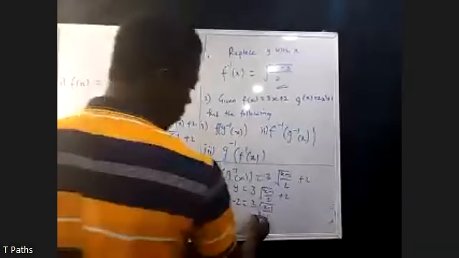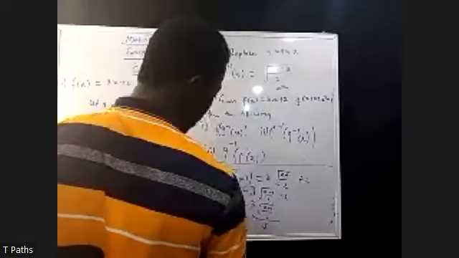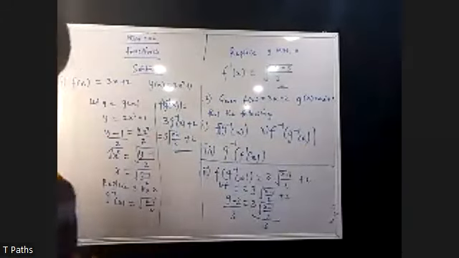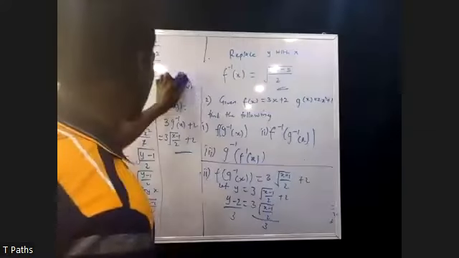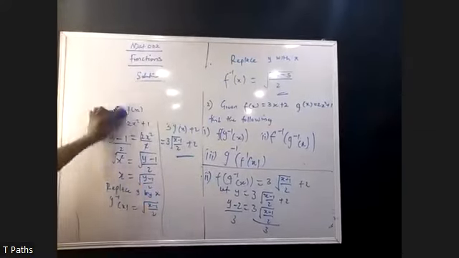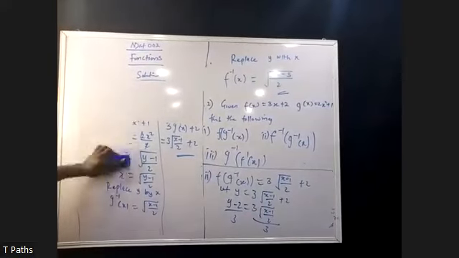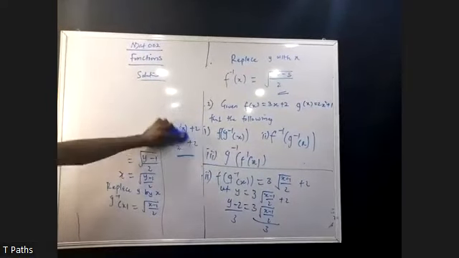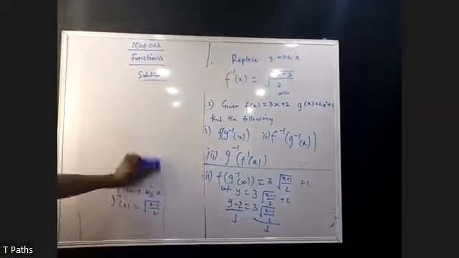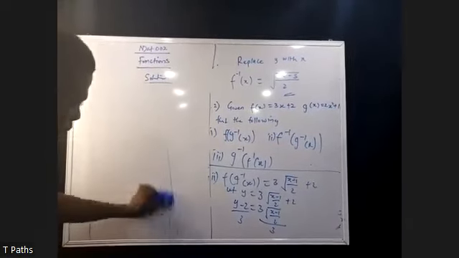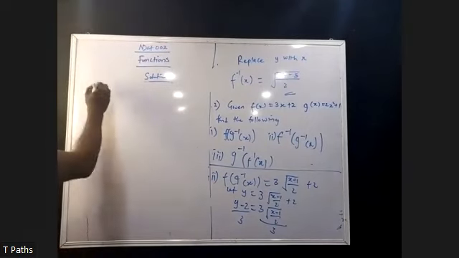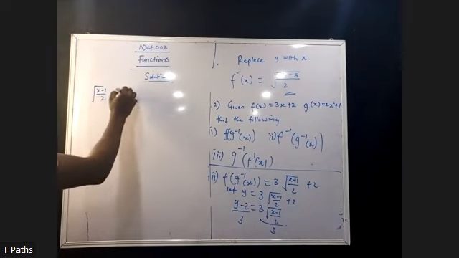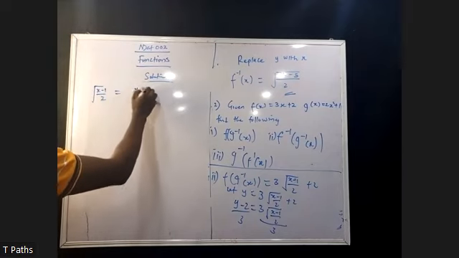Yes, so I'll divide both sides by 3. When I divide both sides by 3, I'm going to have x minus 1 over 2 is equal to y minus 2 over 3.